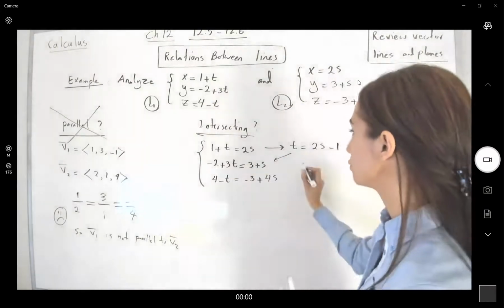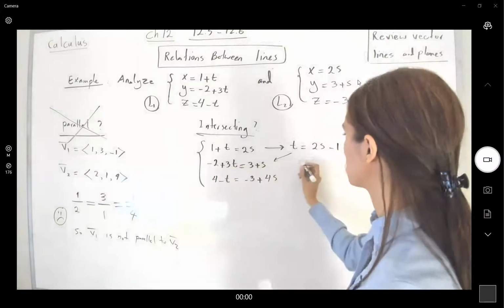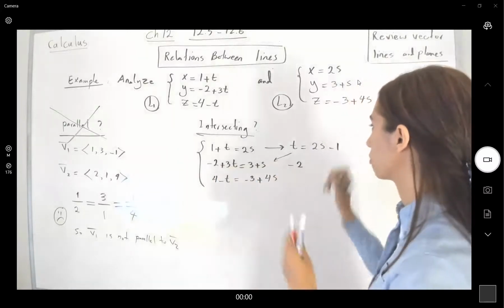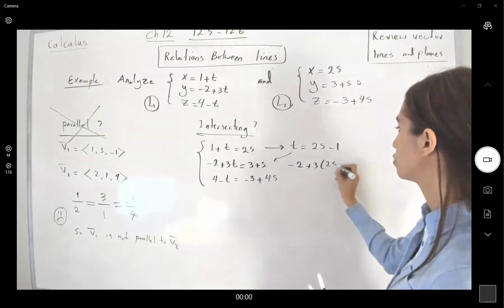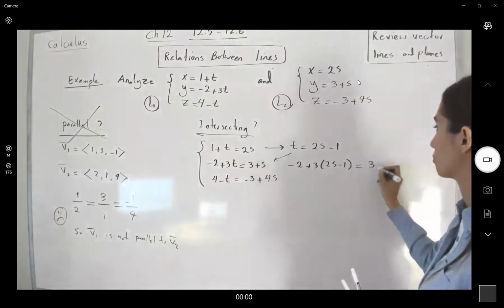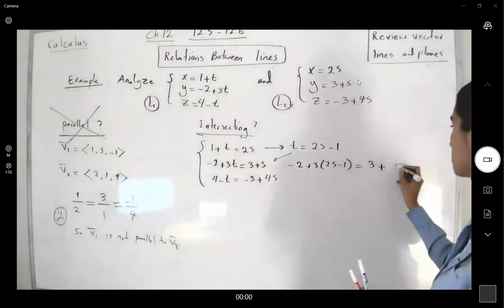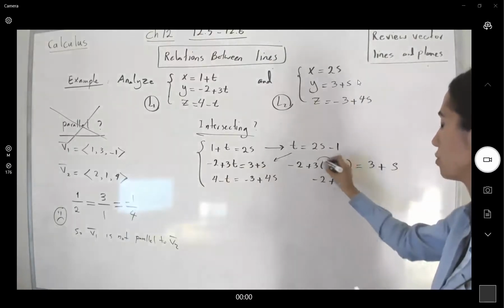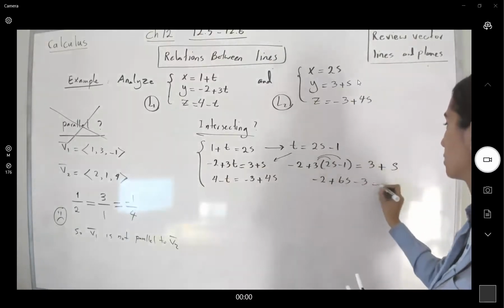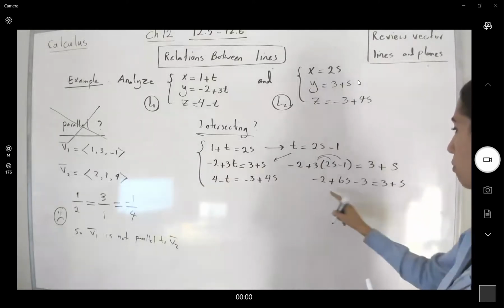So negative 2 plus 3 times (2s minus 1) is equal to 3 plus s. Okay, negative 2 plus 6s, distributing this, minus 3 is 3 plus s. What's the meaning of that?